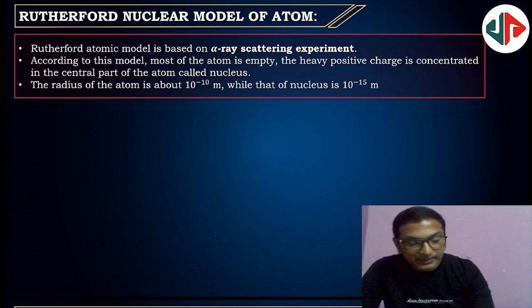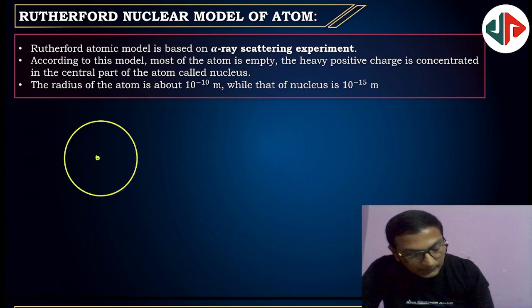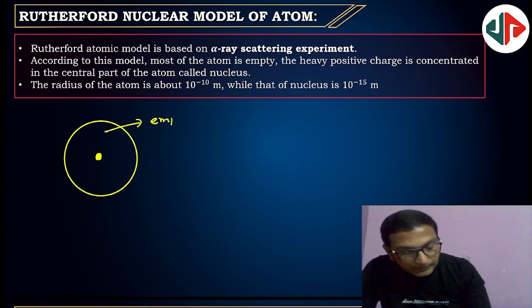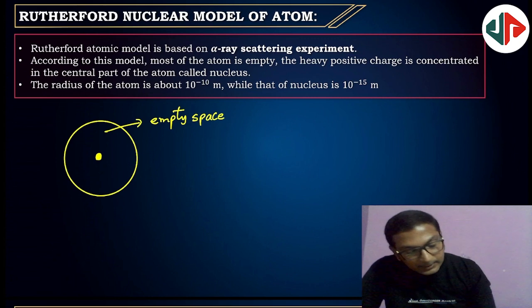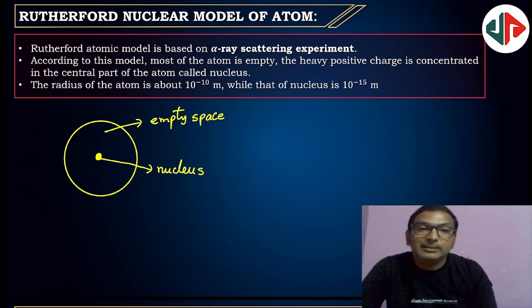If you consider the atom like this, most of the space in an atom is empty, and this center part will be known as nucleus. That means total mass and charge of atom is concentrated only at center.